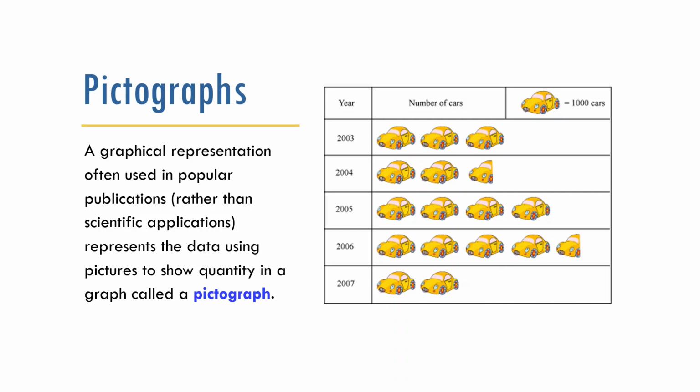Half of a car means half of the number. One picture of a car represents 1,000 cars that they sold. It looks like in 2003 they sold 3,000 cars.